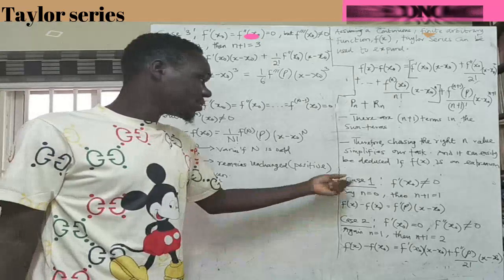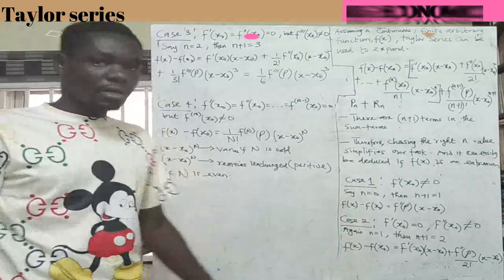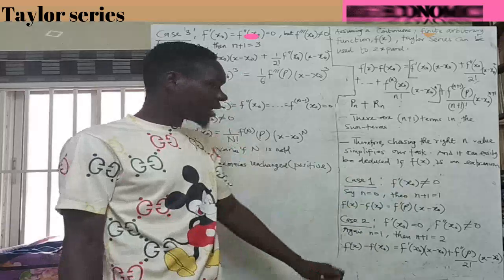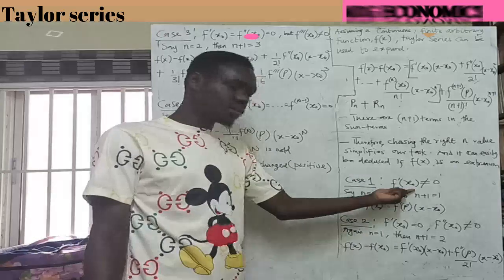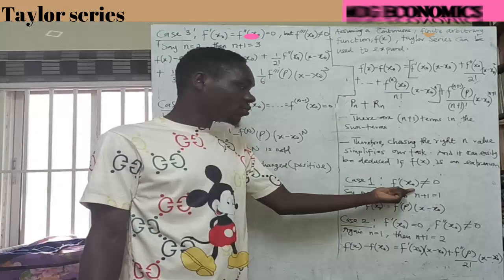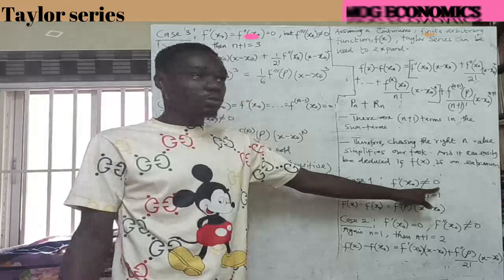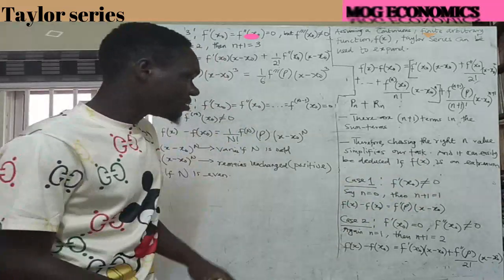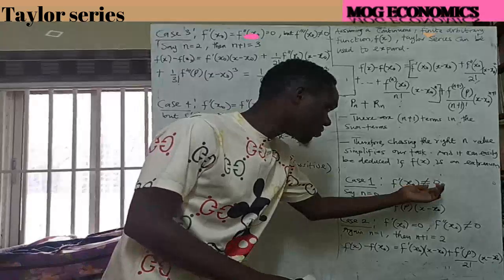Now the first case is an assumption that the first derivative value is not equal to 0. So what do we mean by the first derivative value is not equal to 0?